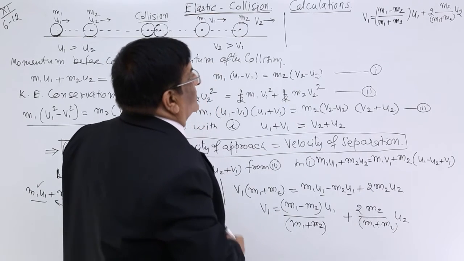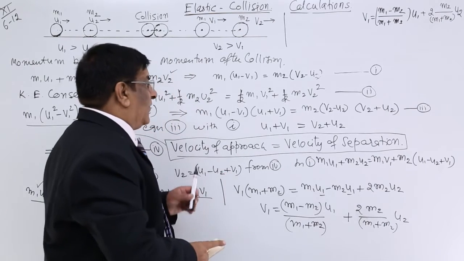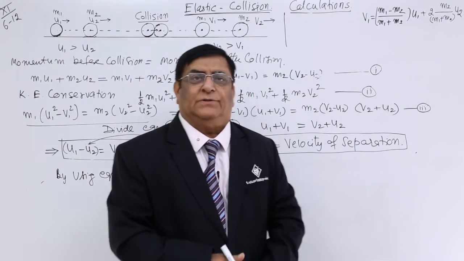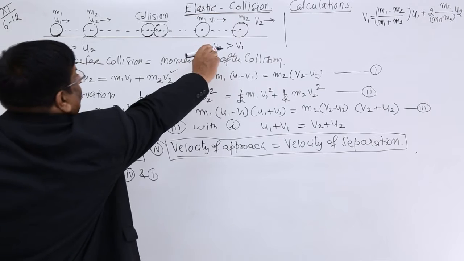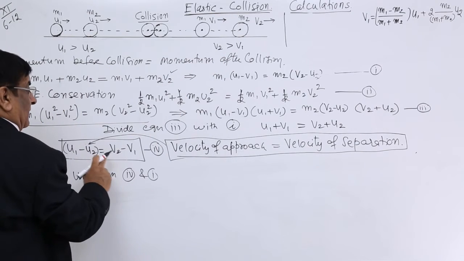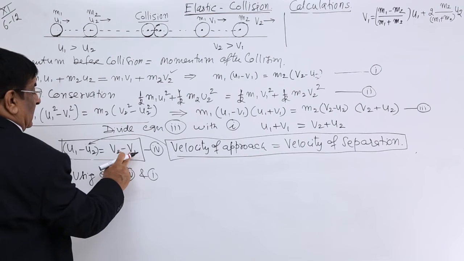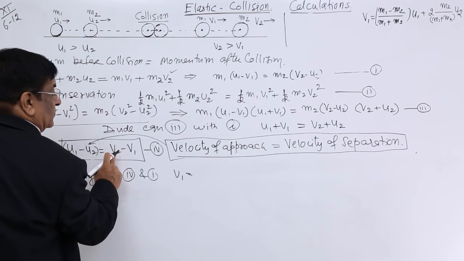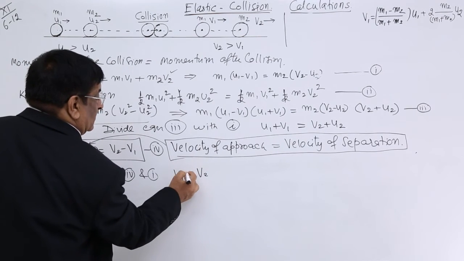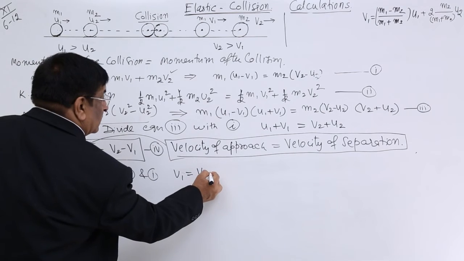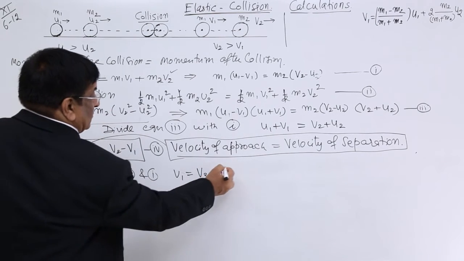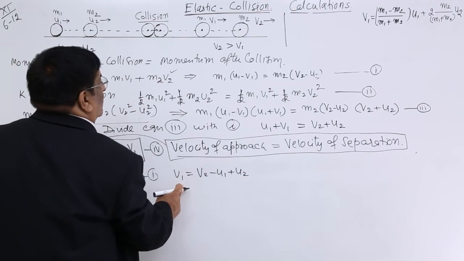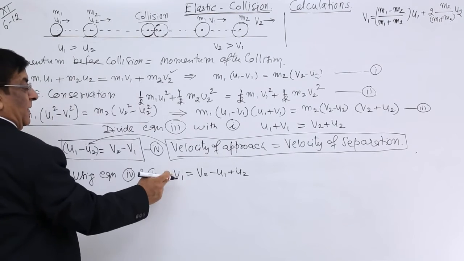Now we will try to find out what is the velocity of the second ball, and for that we will start from here itself. To find out velocity of the second ball, v2, from here we find out what v1 is equal to. Take v1 on this side, so v1 is equal to v2 minus u1 plus u2. This is velocity v1. Now this value we are going to put in equation 1 in place of v1.